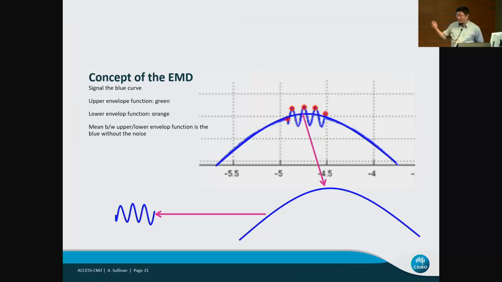For the EEMD, the method to separate that signal is to calculate the upper envelope and then the lower envelope, and then you find the mean of these two envelopes, which will be the blue curve in the middle. Your original signal subtract that blue curve, and once you subtract it, you get the high frequency things in here. Then your original signal subtract the high frequency, and you get this signal back. So by using this method, you can separate the signal.